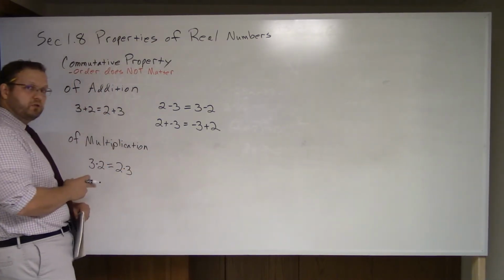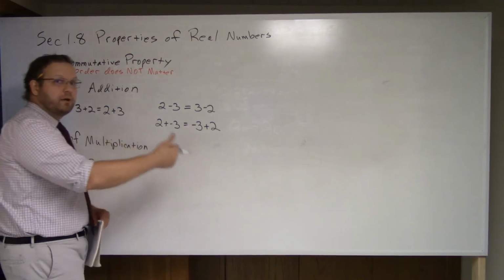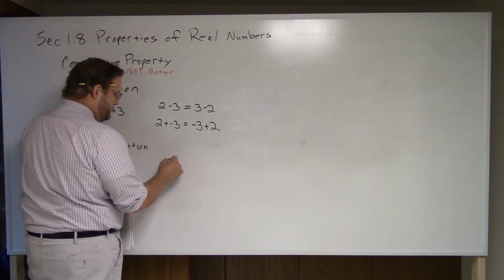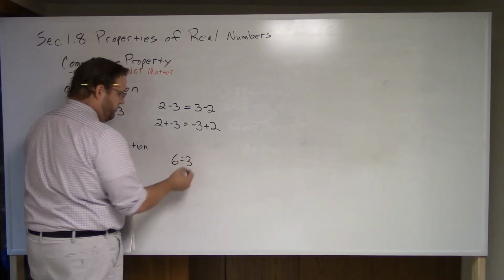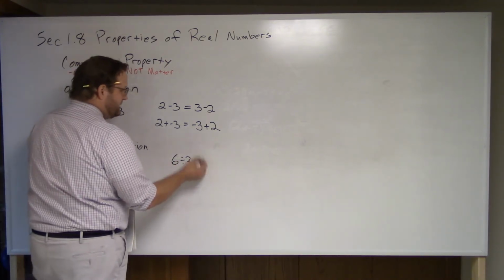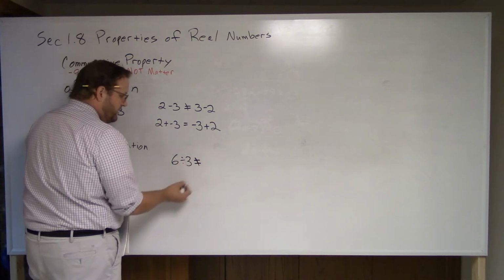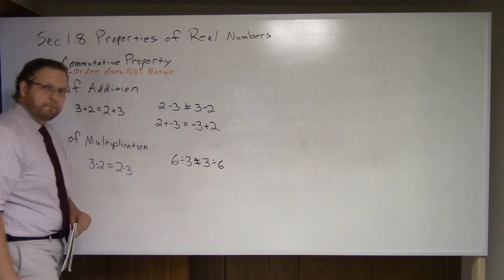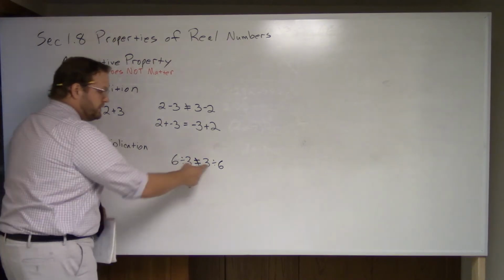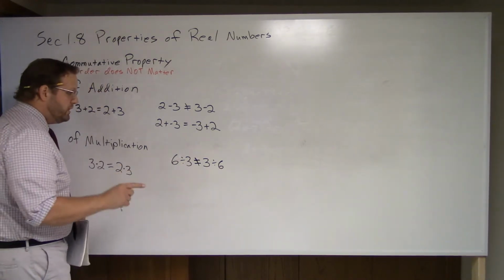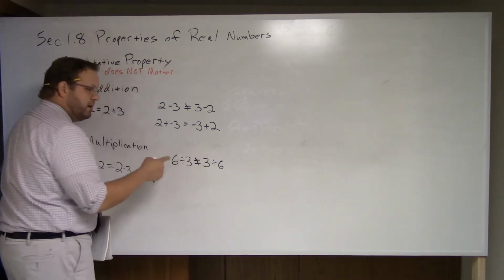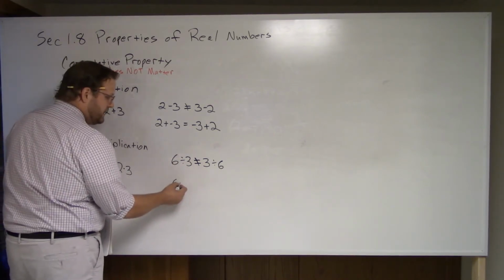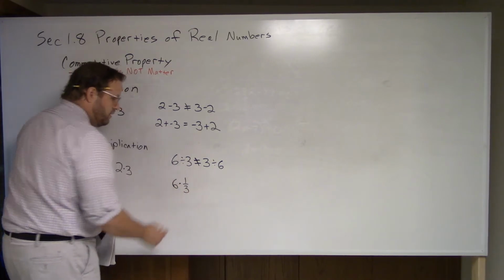Same thing would be true about multiplication and its counterpart, division. If I have 6 divided by 3, that is not the same, so okay, that's not equal. This is not the same as 3 divided by 6. Okay? This is 2, this is a 1/2. What we could do, though, instead of saying 6 divided by 3, we could rewrite that as 6 times a 1/3.